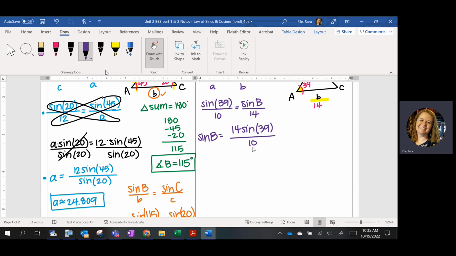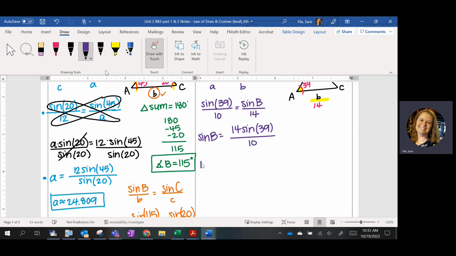Because when I calculate this, that's not B. That's sine of B. How do I get just B by itself? Yeah, just like when we were doing right triangle trig and we were missing an angle, we had to do inverse trig. That's exactly the same thing here. When you're missing the angle, you're going to have to do inverse trig.